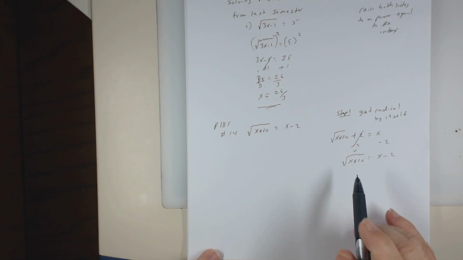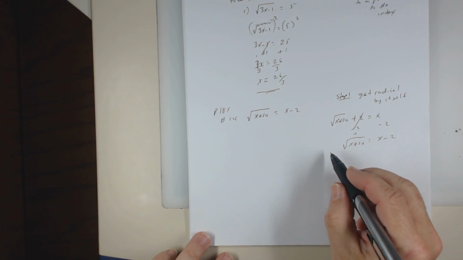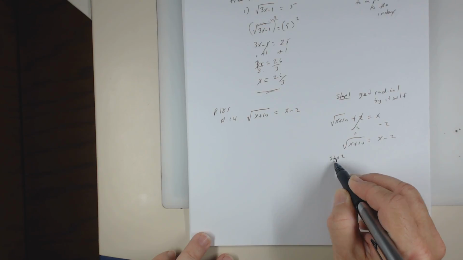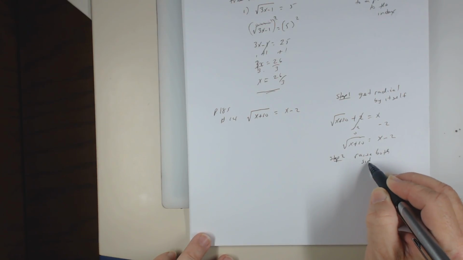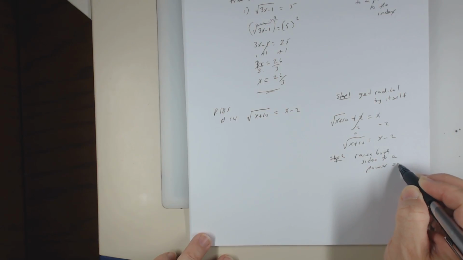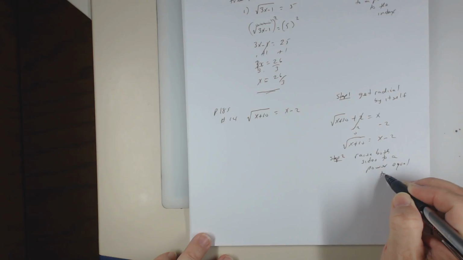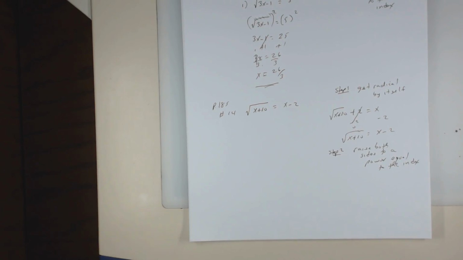Okay, so then the next step is to raise both sides to a power equal to the index. Right, so it'll be 2.